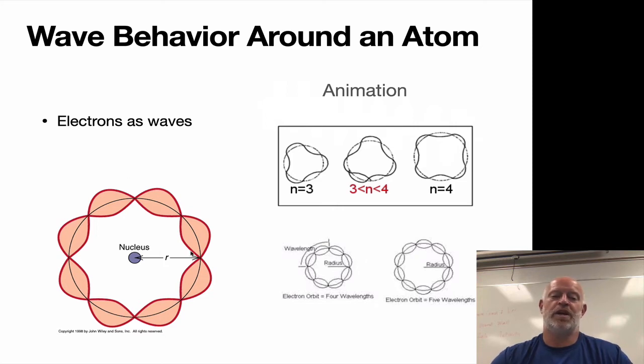Imagine if that standing wave had to wrap itself around a nucleus which was attracting it. That standing wave has to repeat on itself. If I take my cursor here and show you that this wave is moving through a wave pattern over and over again, which is great.